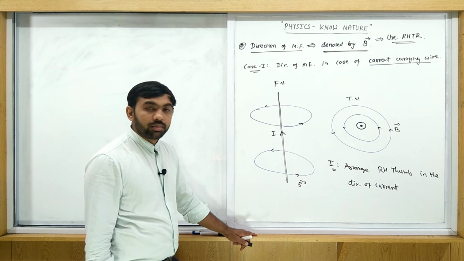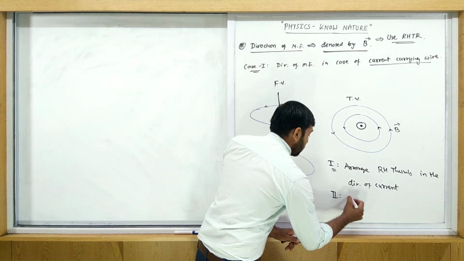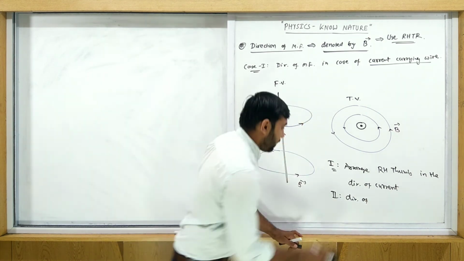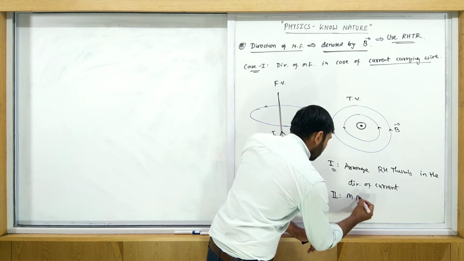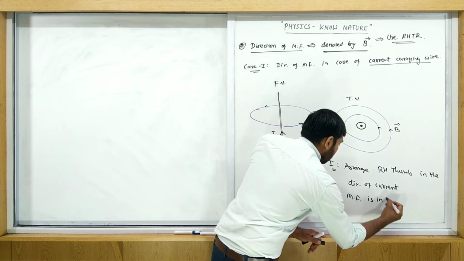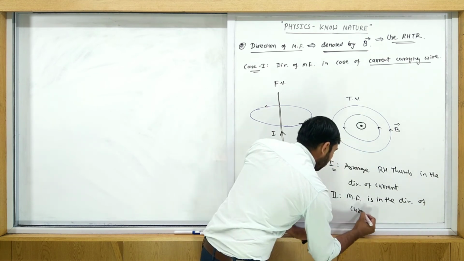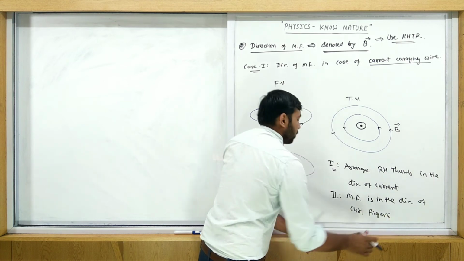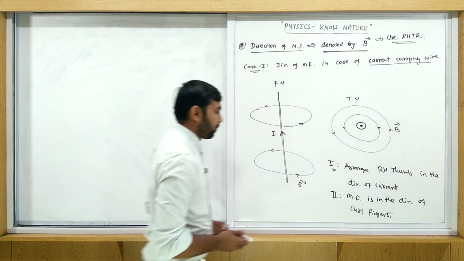And step number 2, direction of magnetic field is in the direction of curl fingers. Okay. So this is the simple method to decide the direction.